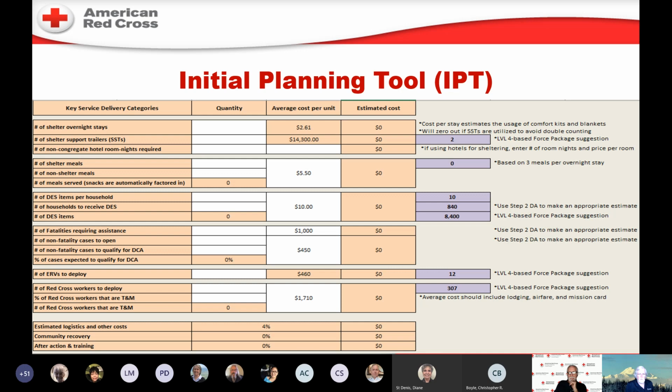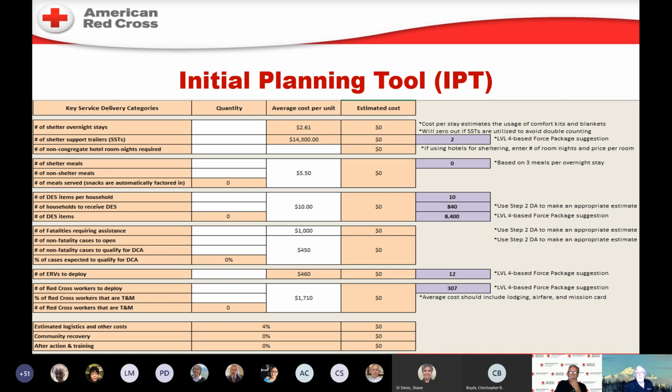Again, you have the tools available, and let me back up just a little bit on this one. This is not like the service delivery plan itself. You are not projecting when the high period will be, when you will start releasing people. You're trying to look at the overall quantity.